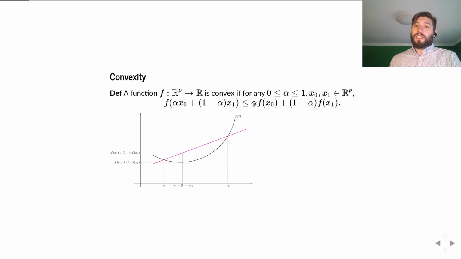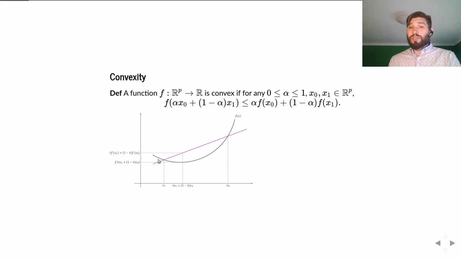So you have this function f, and then we're going to create this line effectively, which is parameterized by alpha, so when alpha is 1, then this evaluates to f of x0 here. And when alpha is 0, it evaluates to f at x1 here.